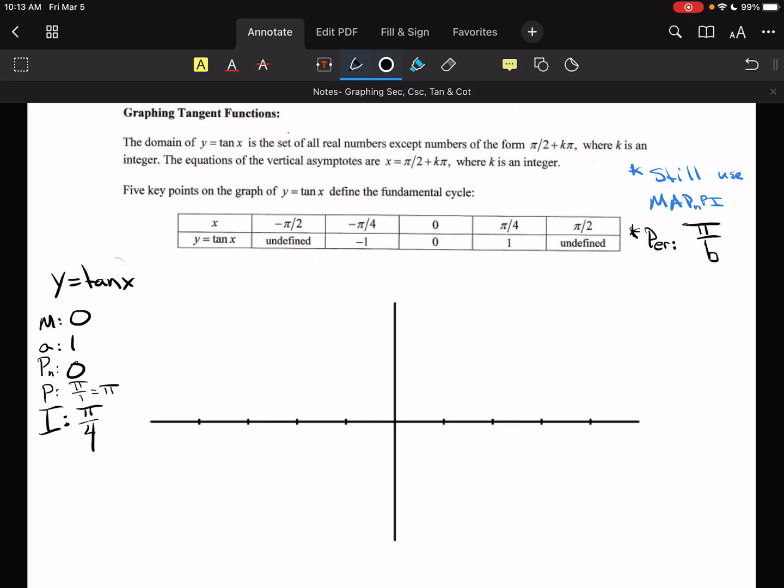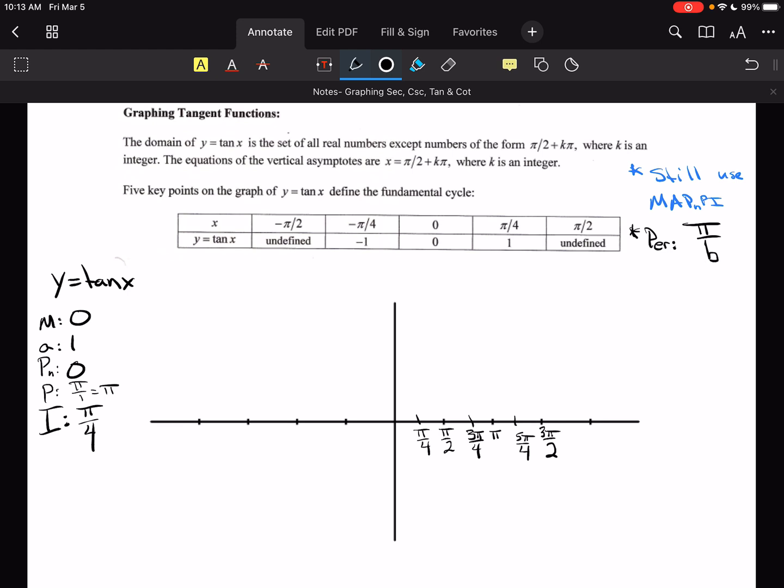So here would be pi over 4, pi over 2, 3 pi over 4, 4 pi over 4, which would be pi. And we'll go one more. 5 pi over 4, 6 pi over 4, which would be 3 pi over 2. And we'll stop there.